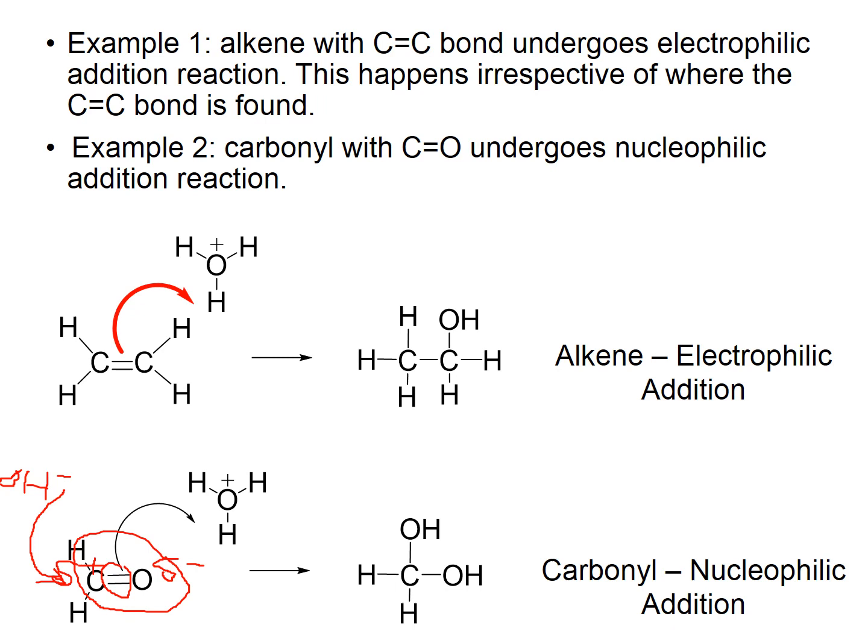Here, we add this one into this one. So if it involves a positive being added into your compound, this is electrophilic addition. But if it involves a negative going into a positive, this is nucleophilic addition. So there are two types. Both can be formed within the carbonyl compound, depending on what reactant you react with this carbonyl.